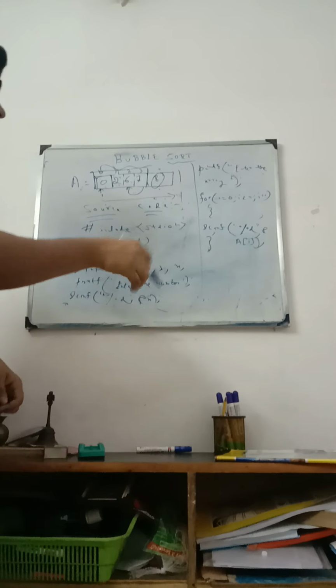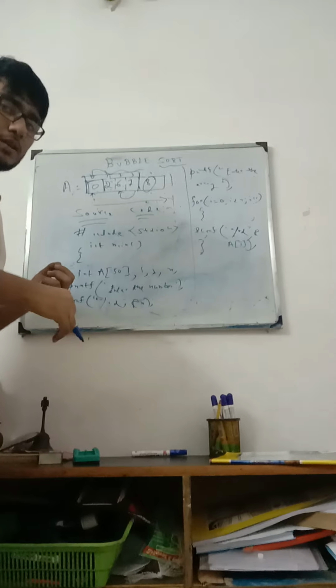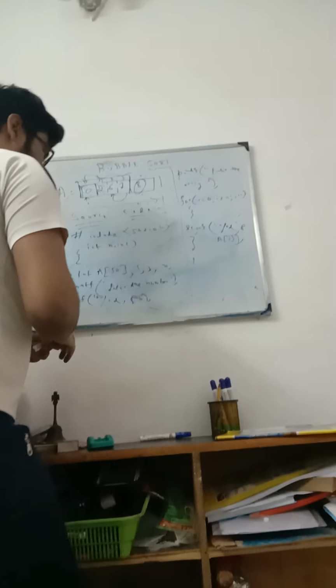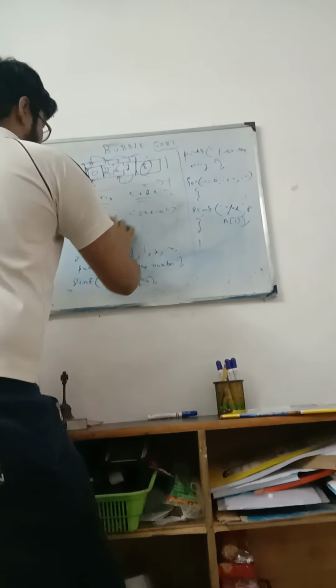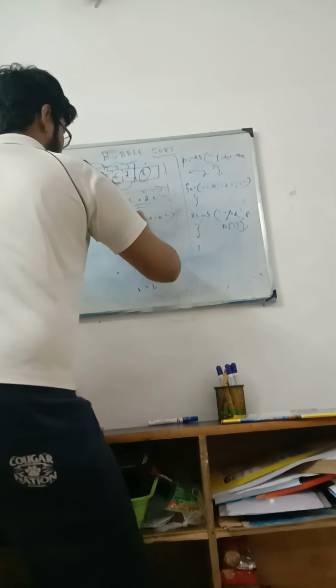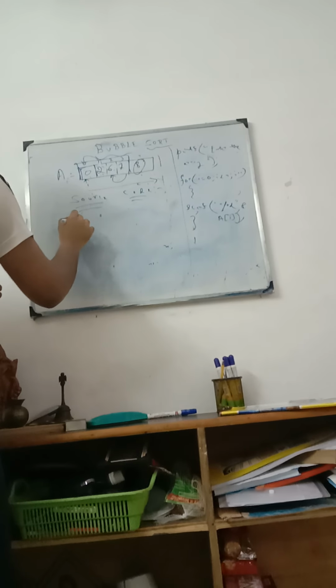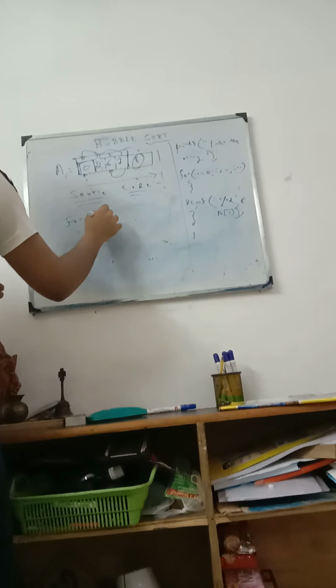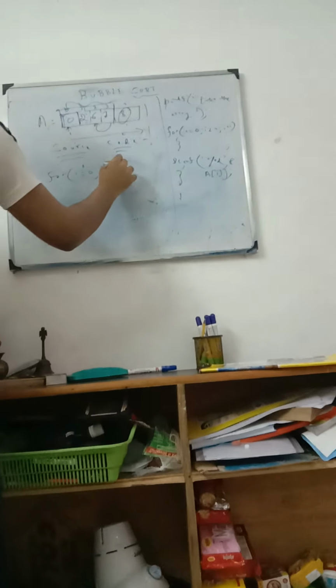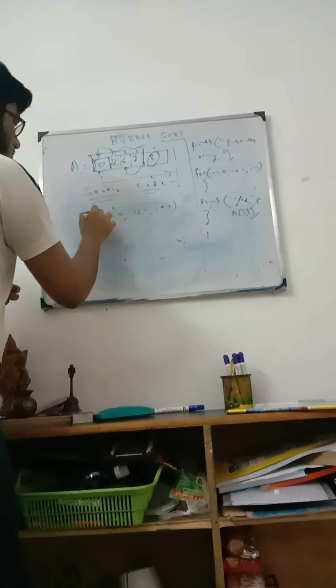So now we'll apply the concept. What will be the concept? Here I'm writing the logic of it. We know how it will work. For the i iteration, i is less than n, i plus plus, so it will start from 0 to n.